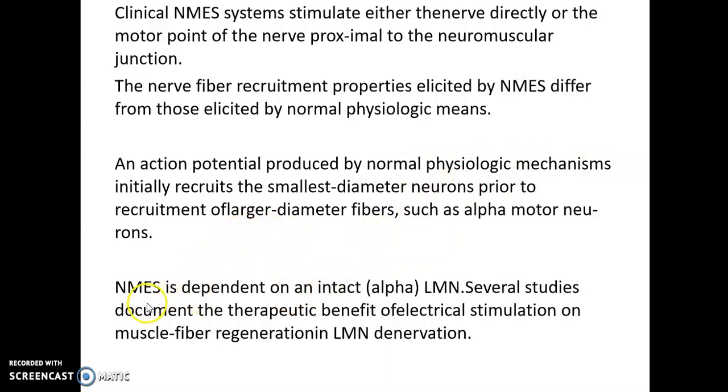NMES is dependent on an intact alpha lower motor neuron. Several studies document the therapeutic benefit of electrical stimulation on muscle fiber regeneration in LMN reinnervation. So NMES, when we apply it directly, is going to stimulate the large diameter alpha motor neuron first.